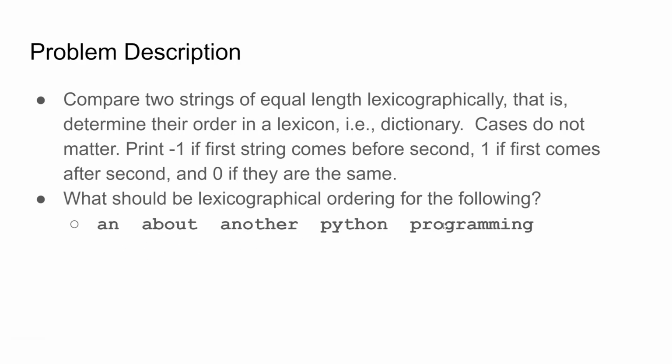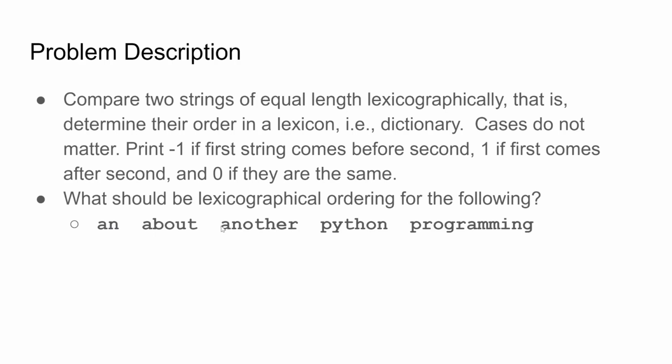For this, the first word in the order is "about". This is a word that comes before all the others because the first letter is A, and the second letter is B, which comes before the N. The second word is "an". "An" and "another" both start with AN, but because this word has nothing after AN, it comes before "another".